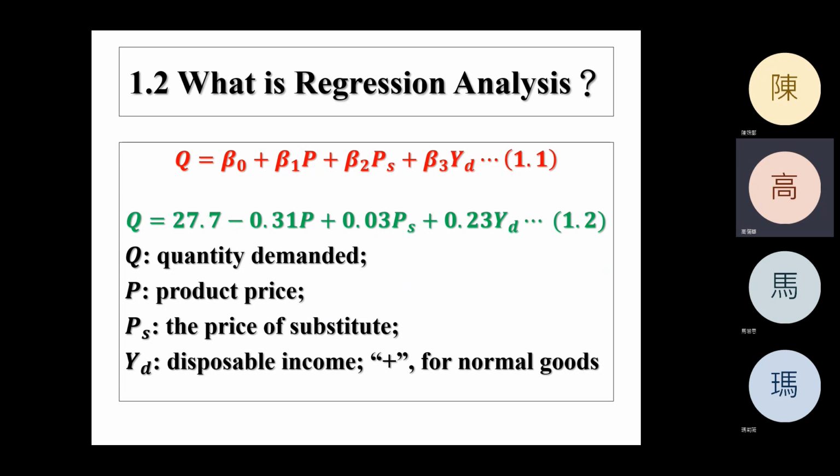I think information matters. As long as you can explain the meaning of these numbers, then you provide useful information to make an effective decision. This is the purpose of regression analysis.